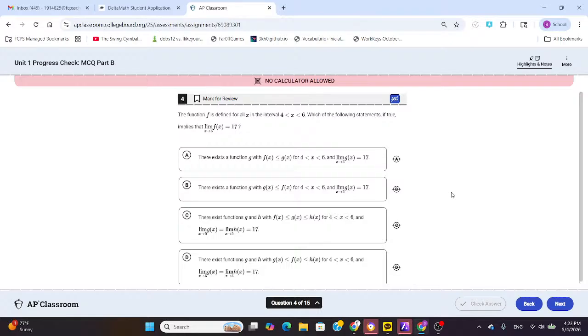So, question 4 out of 15, let's go with it. What in the world are we looking at here? The function f is defined for all x in the interval 4 less than x less than 6. Which of the following statements, if true, implies that the limit as x approaches 5 of f of x equals 17?